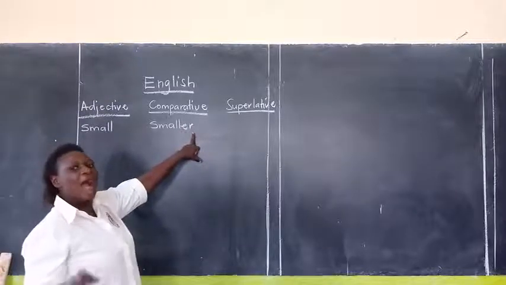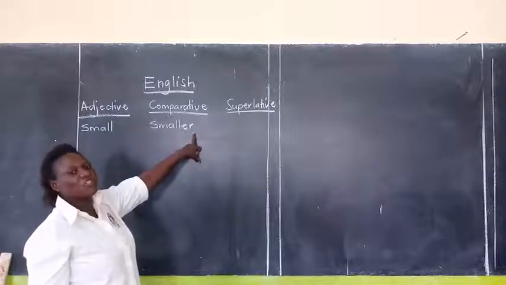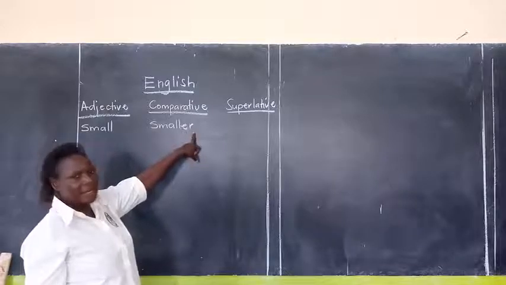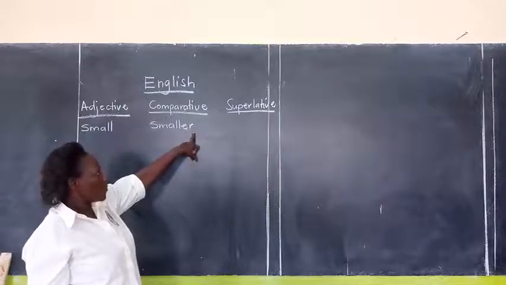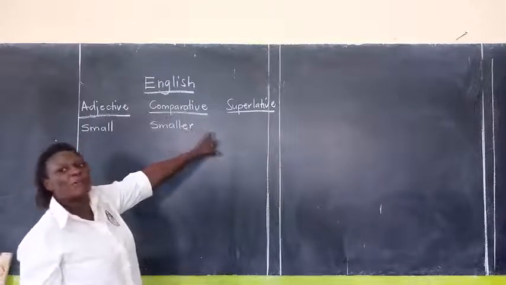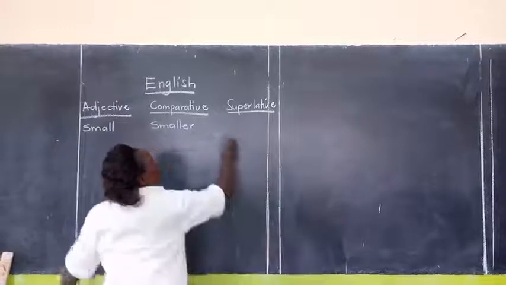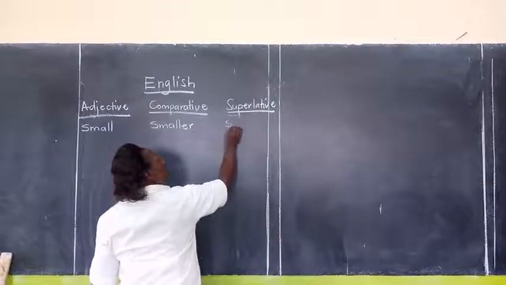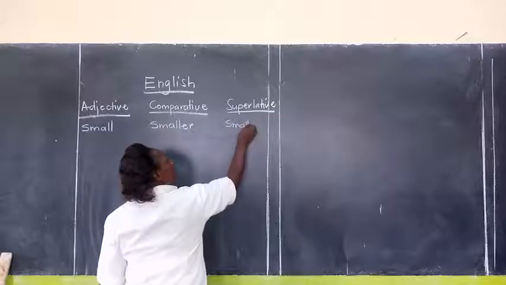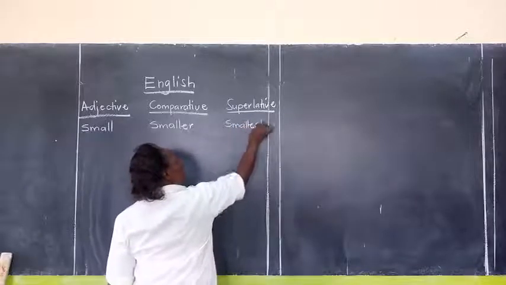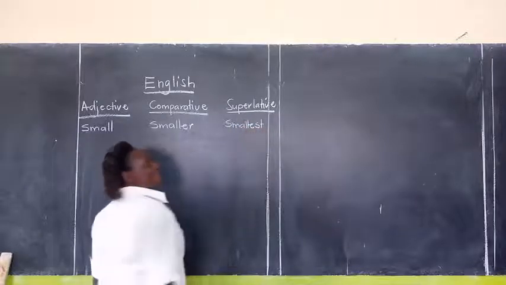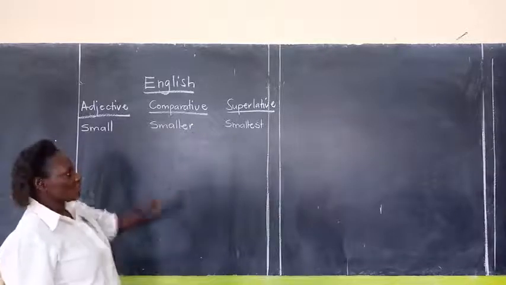We shall see how each adjective changes into comparative form. Then, what about when you are comparing the three? We say smallest. With the superlative, you just add est.